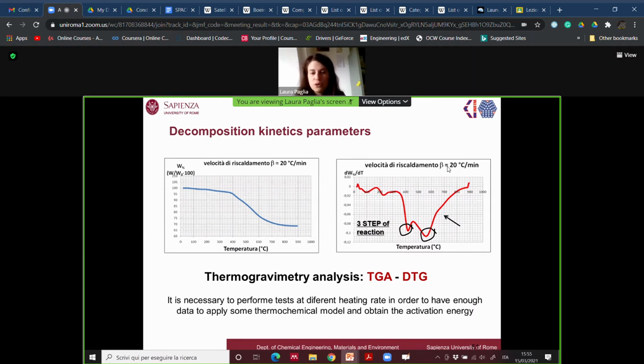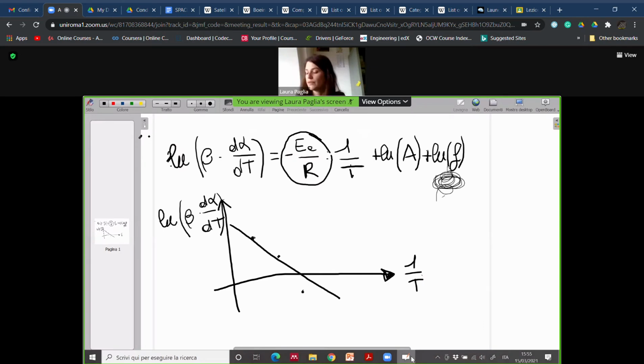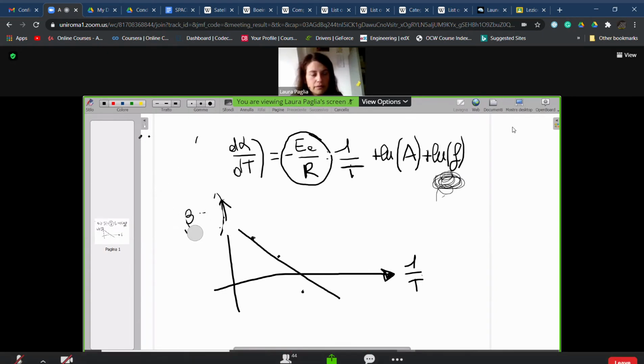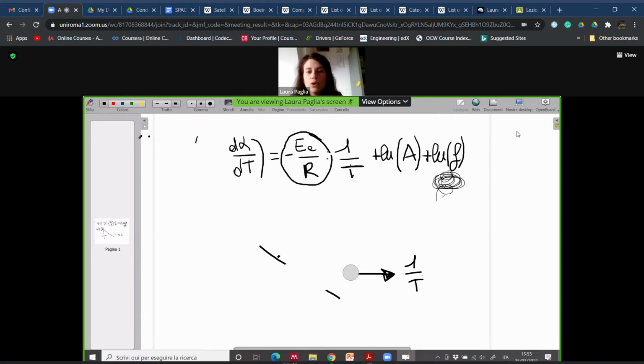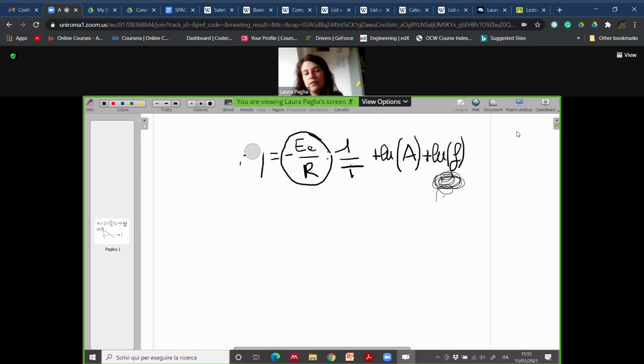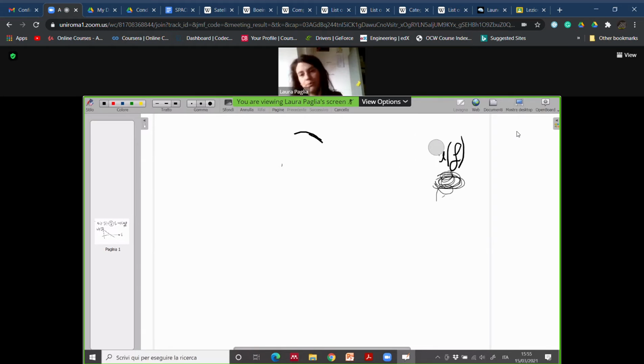My graphic abilities are not so good, but we will try to understand together what we can do when we have a multi-step reaction, and generally not only for the pyrolysis of phenolic resin, but we always have multi-step reactions.